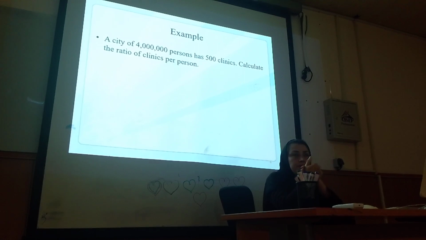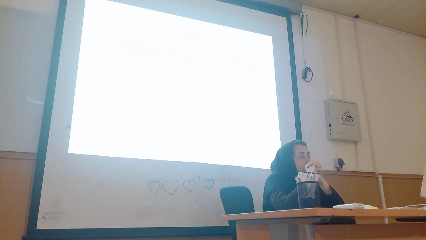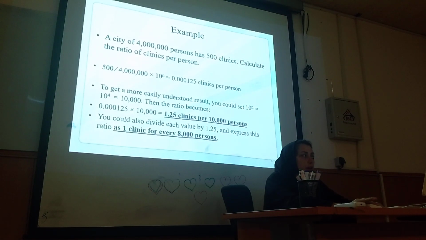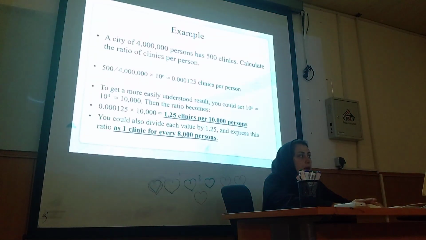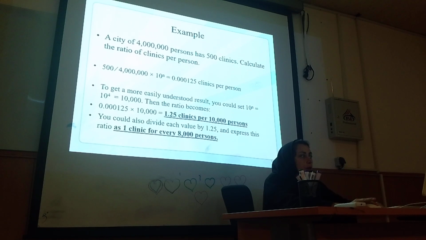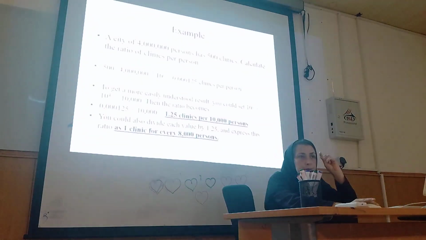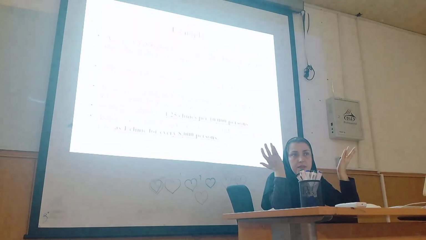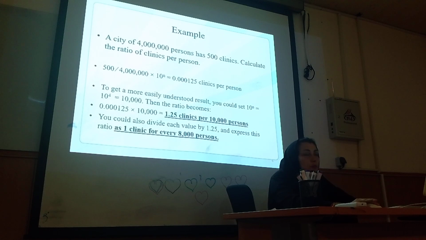Read this example. 500 divided by 4 million. It means 1.25 per person. But it doesn't mean I can't multiply this number by 10 to the power of n.